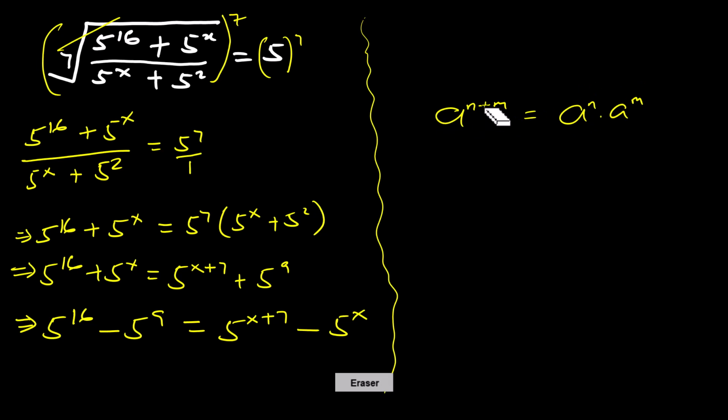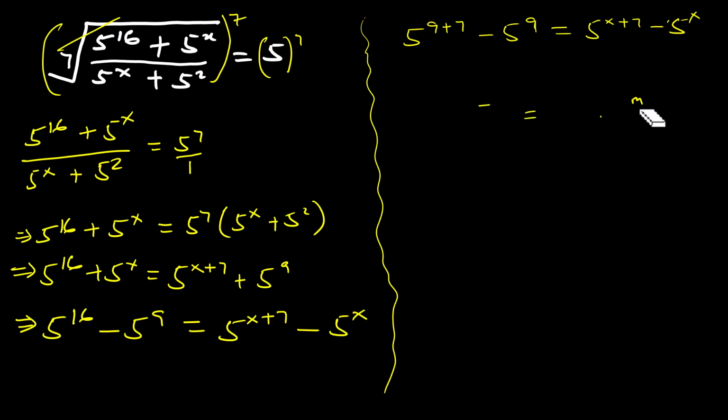With this, 16 is the same as 9 plus 7. So I can rewrite this as 5 to the power 9 plus 7 minus 5 to the power 9 equals 5 to the power x plus 7 minus 5 to the power x.